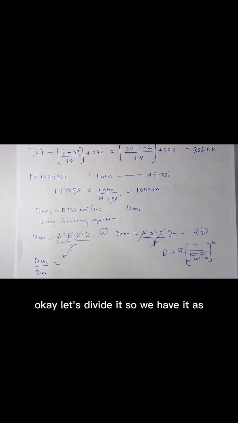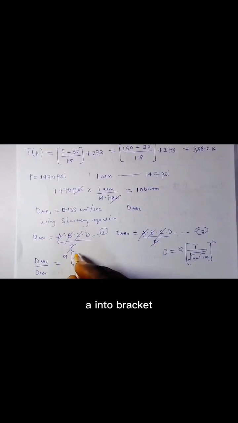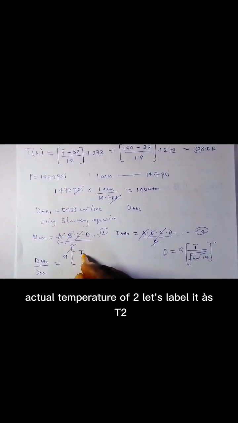Okay, let's divide it. So we have A into bracket actual temperature of 2, let's label it 2.